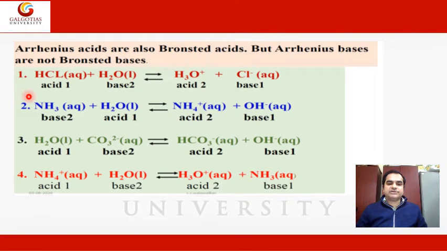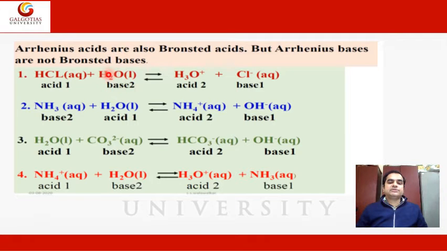As we can see in the reactions, HCl can donate protons, which is why we have HCl plus H2O liquid producing the H3O+ ion plus Cl- ion. But if we discuss bases, according to Arrhenius, bases are substances which dissociate into OH- ions in aqueous solution.